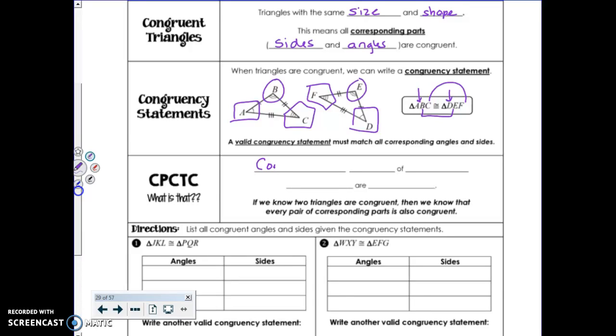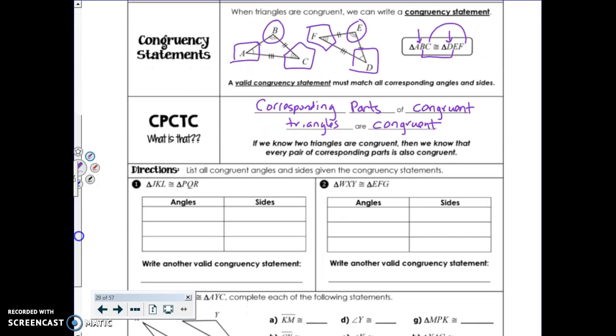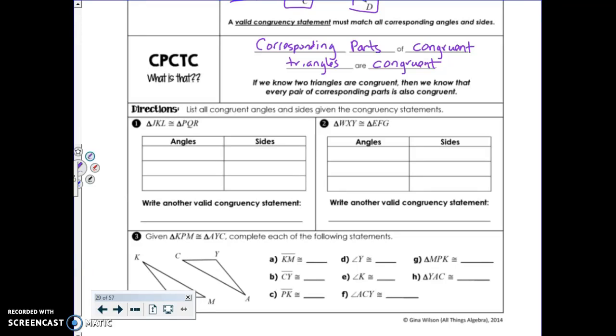It stands for corresponding parts of congruent triangles are congruent. So I'd much rather use the congruent symbols in place of those congruent words and then the triangle symbol, and you can really cut down all that wordage if that's a concern.